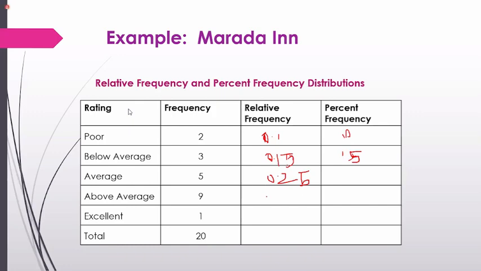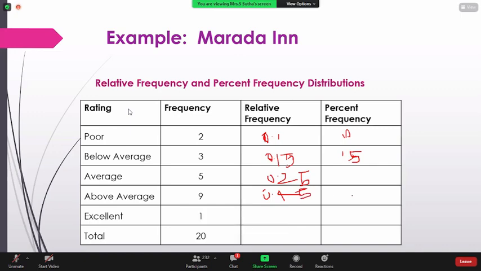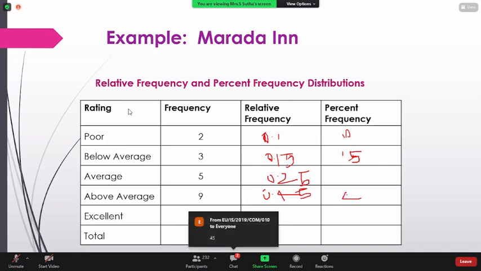Then for the relative frequency for above average? 0.45. And the percent frequency? 45.